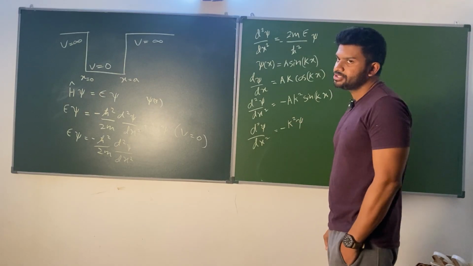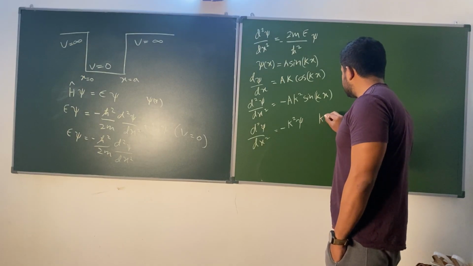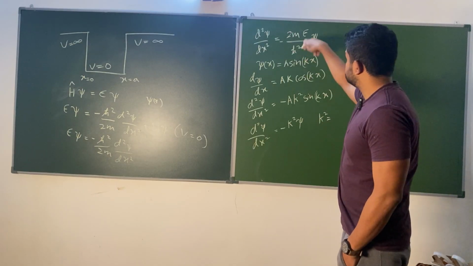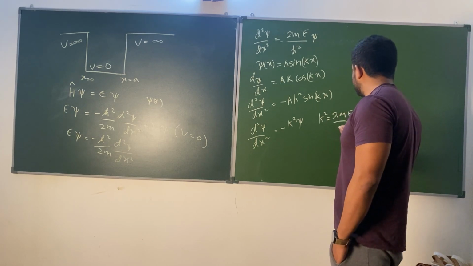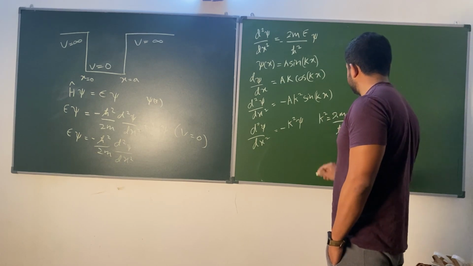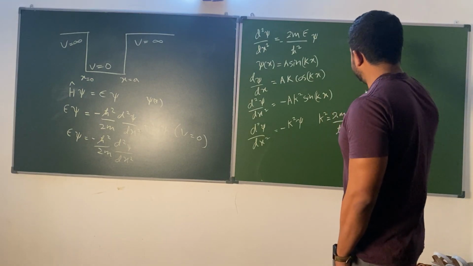Wow, that's a super cool relationship. Moreover, you can say that k squared is equal to this section, which is 2mE over h bar squared. Put it aside. What if you take phi as b cos kx, still the same k?